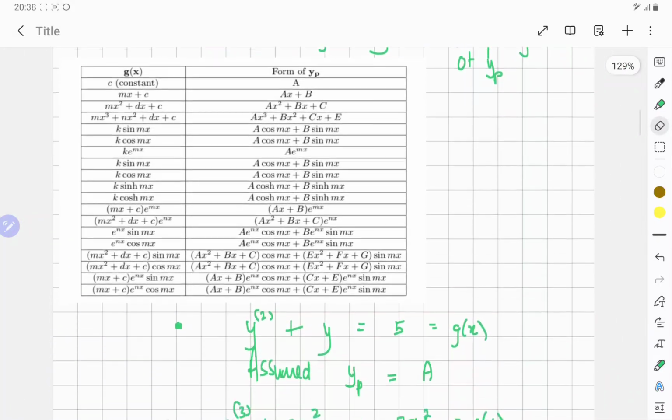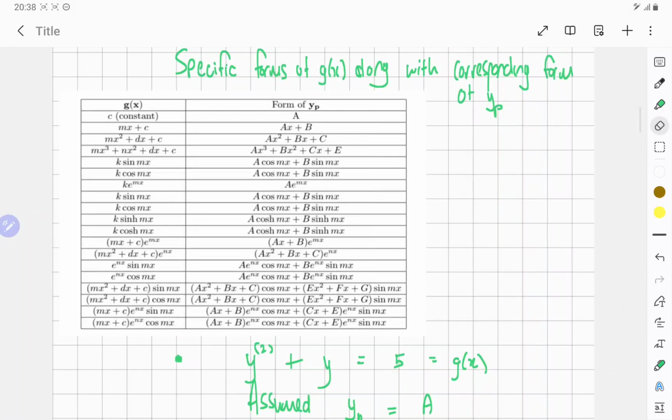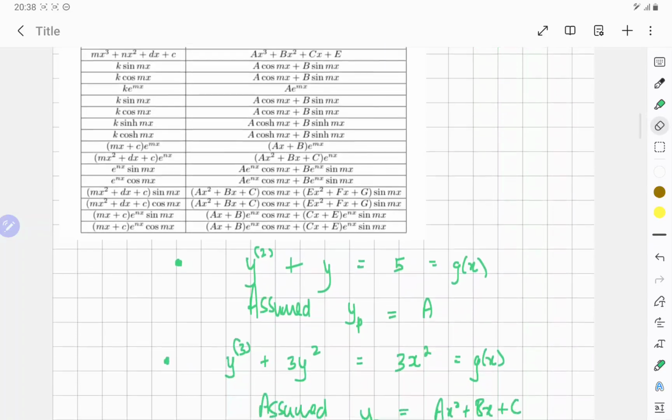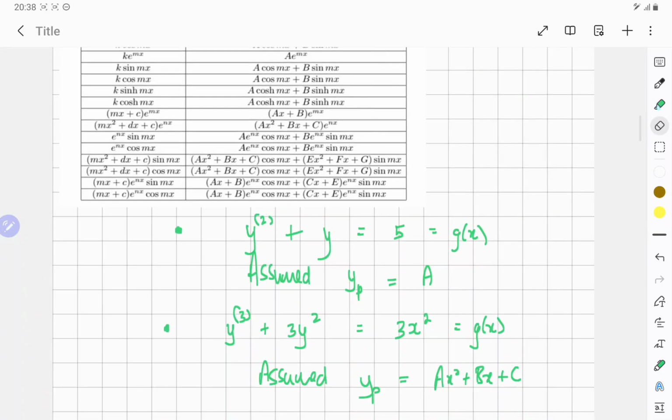So let me just explain what I mean by this table. If you have a linear non-homogeneous differential equation, there you can see that we have our second order differential equation, but since we don't have 0 on this side, we know that g(x) is not zero.